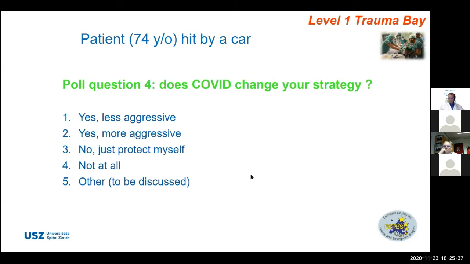In Slovenia, the Slovenian Society of Surgeons decided, and we published in a Slovenian paper, that all polytrauma patients at admission are treated as COVID positive until we prove that they are negative.